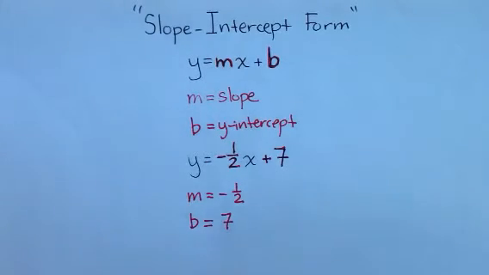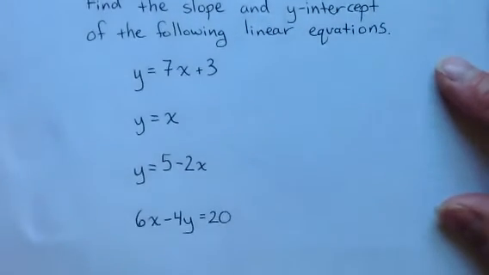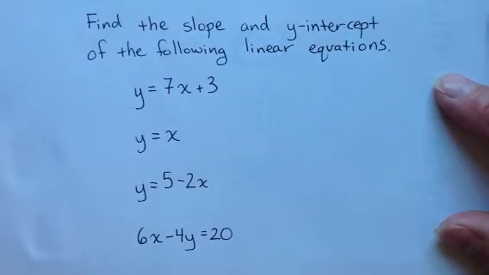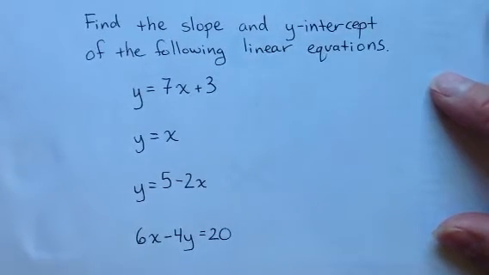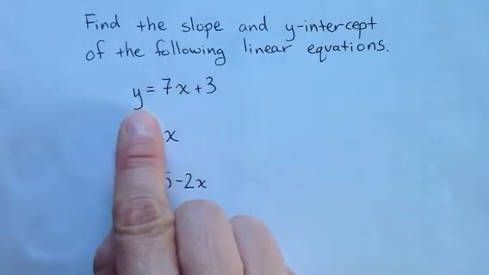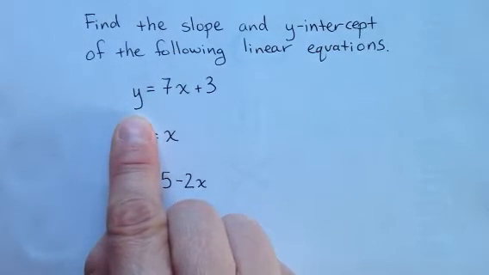Okay, but for now what we're just trying to do is make sure we understand what the slope-intercept form looks like and to be able to identify the slope and y-intercept, and put it in slope-intercept form if it's not already given to us. So let's look at some examples. I've got 4 examples here for us. The first one, I see it's in y equals, so right away I know I'm looking at slope-intercept form.